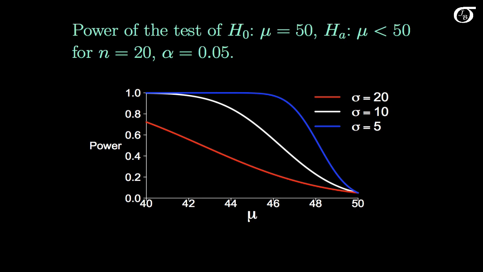Here are the power curves for various values of sigma when n is 20 and alpha is 0.05. And the red curve here is a standard deviation of 20. So when there's more variability than in the other two cases. And when there is greater variability, there is greater uncertainty, and we have a lower power of the test.